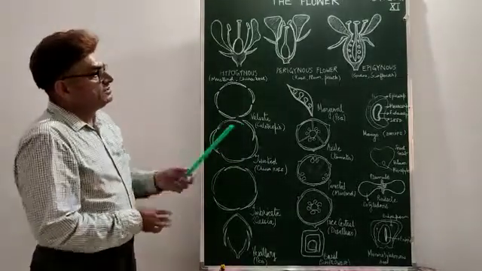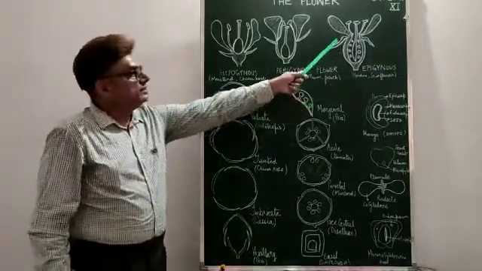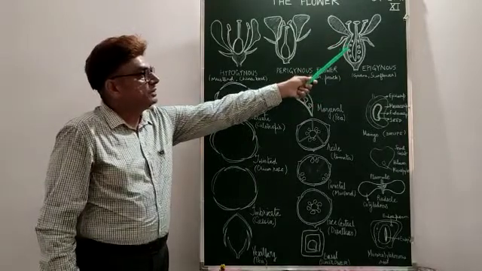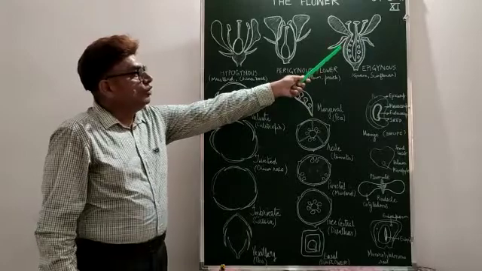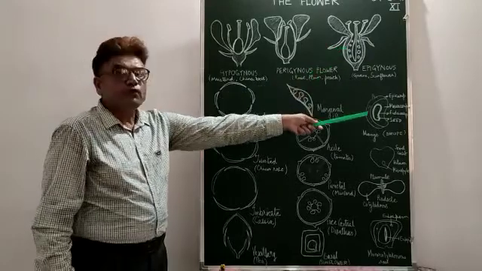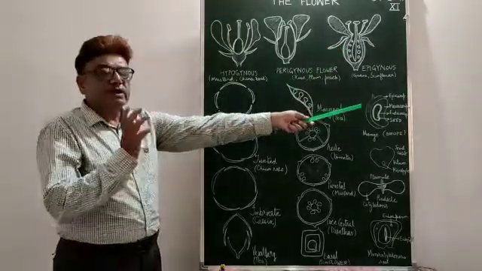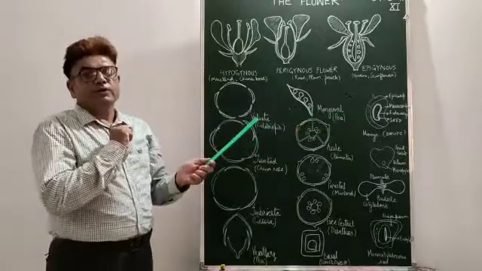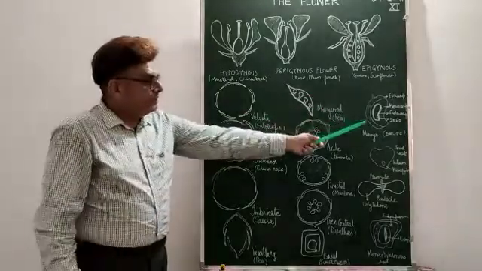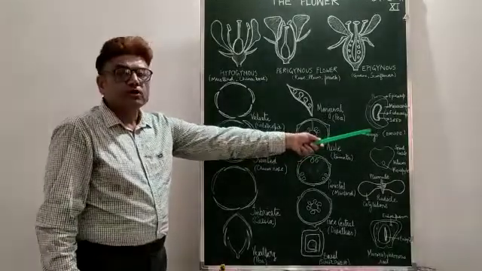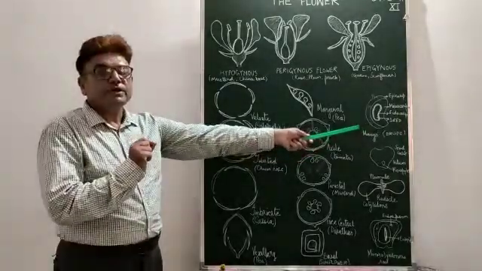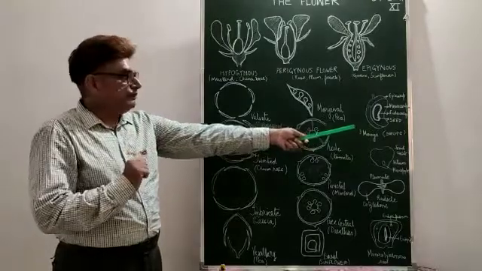We have already discussed just now the fate of the ovary and the fate of the ovules, that after fertilization the ovary develops into the fruit. So fruit is nothing but a ripened ovary. We have taken the diagram of mango here. Mango fruit is known as the drupe because it is formed from a monocarpellary, superior ovary.